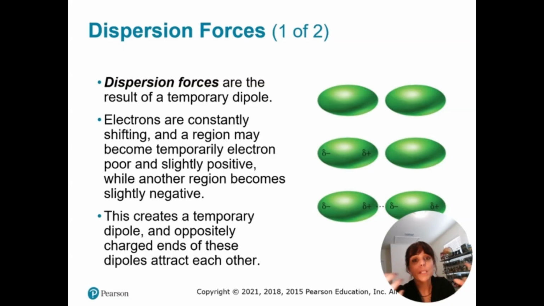Dispersion, as the name says, we need to disperse the electrons, because it occurs between non-polar molecules. What are non-polar molecules? The electrons are equally shared, so they have the same electronegativity.